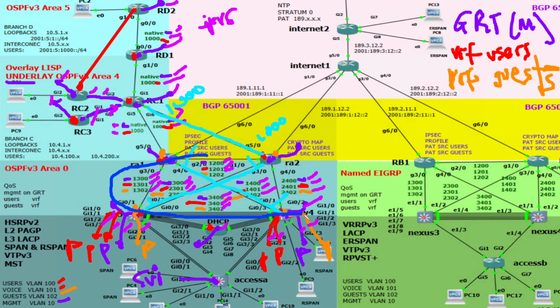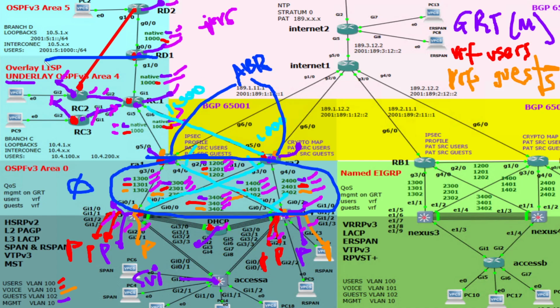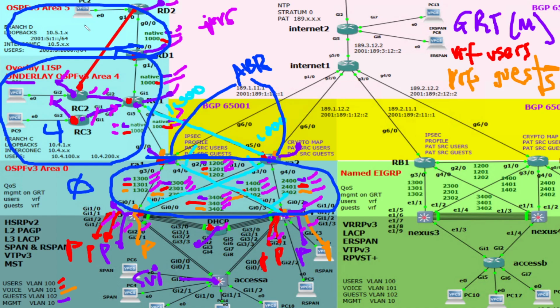This will be my area 0. This will be my backbone. This router and this router will become area border routers. We are going to have this as area number 4, and this as our area number 5. Notice that area number 5 is not directly connected to the backbone.